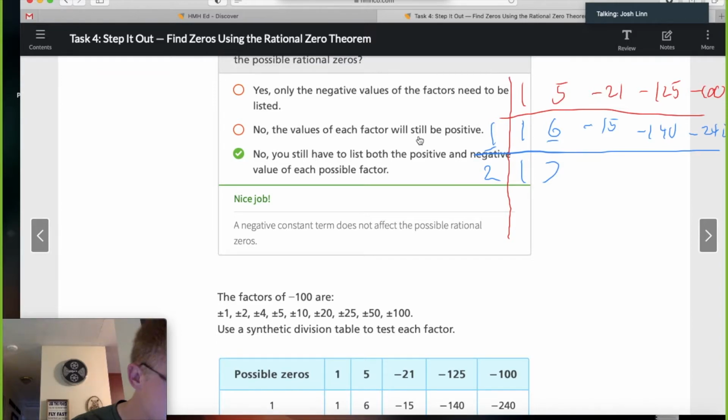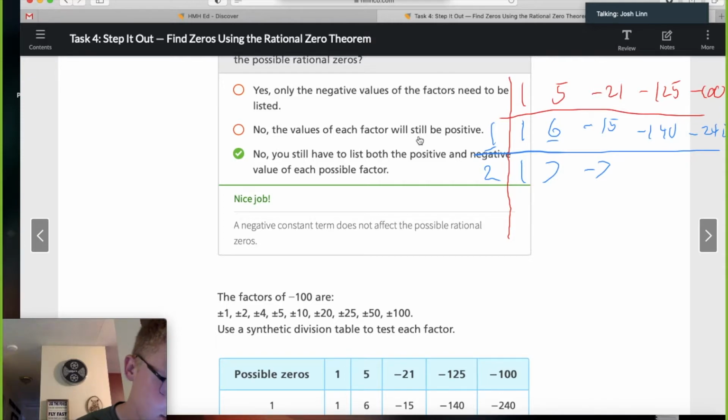So negative 7. I should be able to do this in my head, but whatever. So negative 7 times 2 is negative 14.